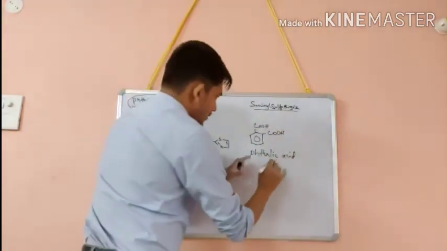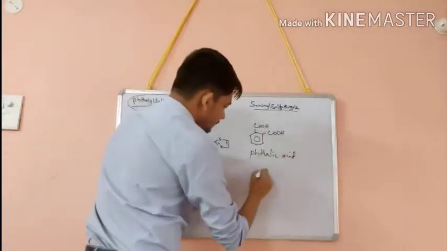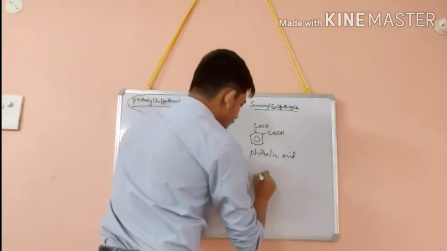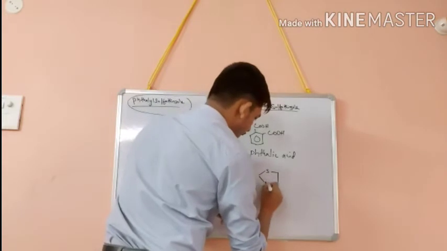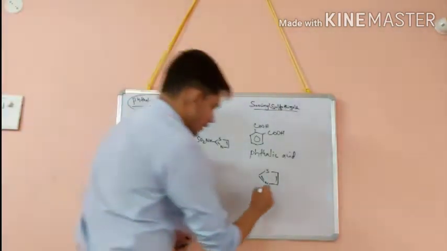And another structure we got is phthalyl. Another structure I am drawing, just see it very carefully. This is another structure and it is called thiazole.